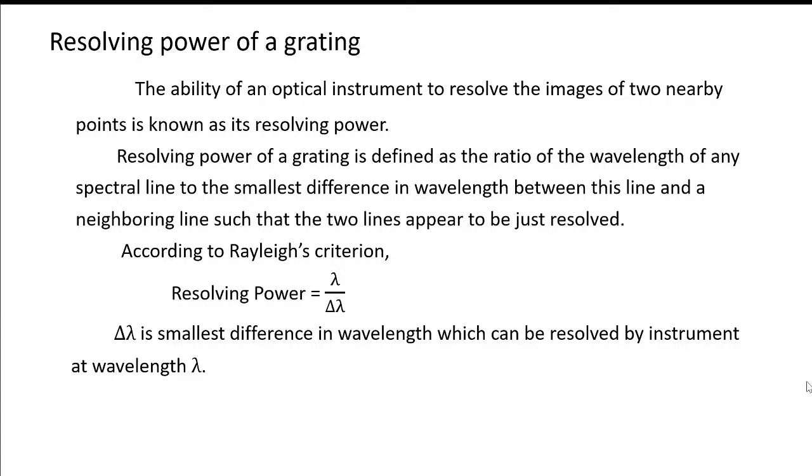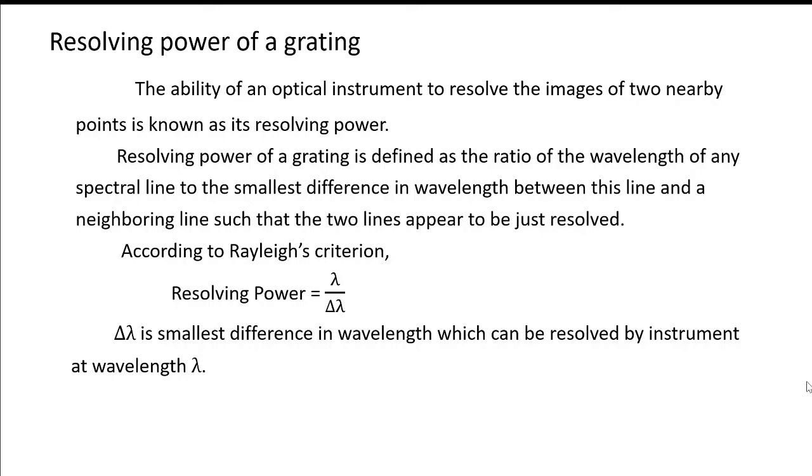Before going to understand the resolving power of a grating, let us understand what is resolving power of an optical instrument. The ability of an optical instrument to resolve the images of two nearby points is known as its resolving power.